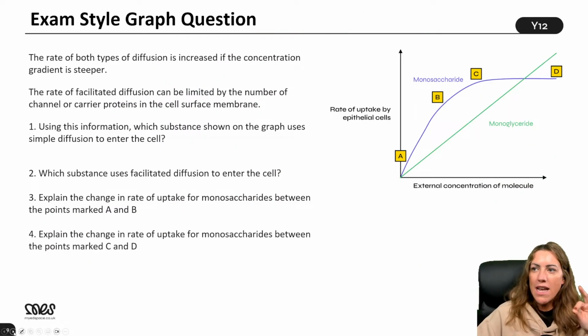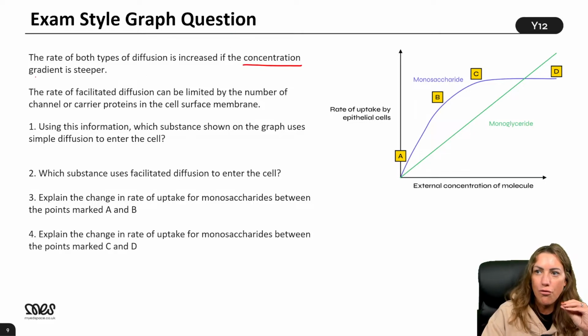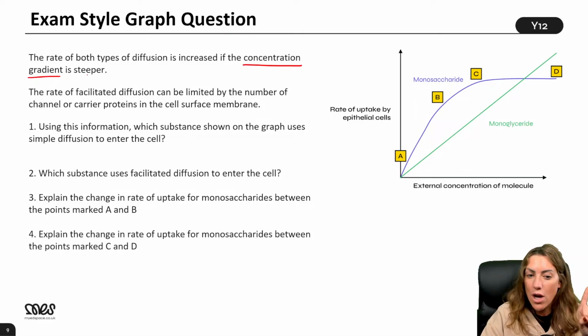So the rate of both types of diffusion is increased if the concentration gradient is steeper. We know this from GCSE. But now we're learning about facilitated diffusion. The rate of facilitated diffusion can be limited by the number of channel or carrier proteins in the cell surface membrane.